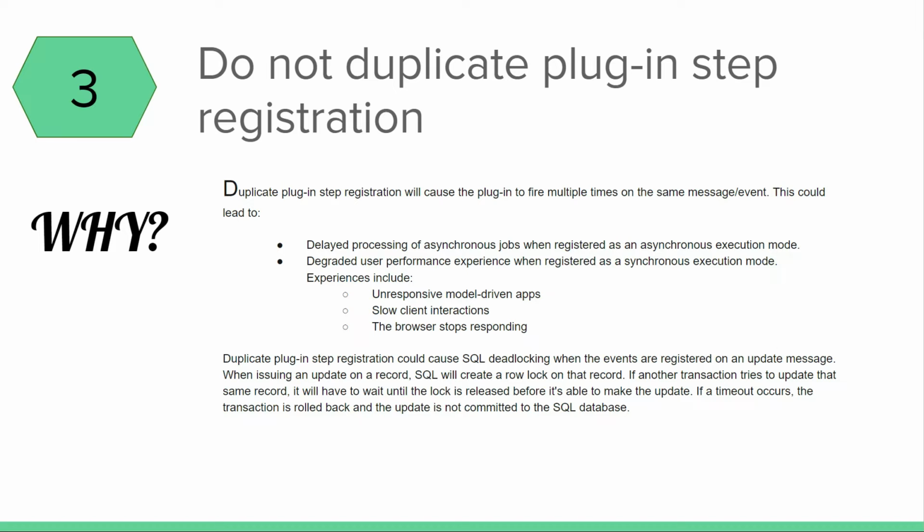So if you feel this type of symptoms, you have to review your plugin code and registration tool immediately for their correct configuration. And the most important error you get in this is SQL deadlock. You can get errors like SQL generic errors and deadlocking, all these things it will generate, because the plugin code will try to execute multiple times.